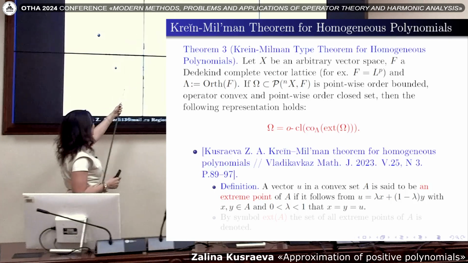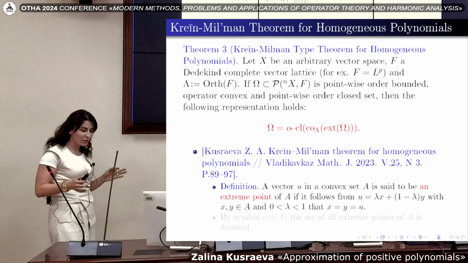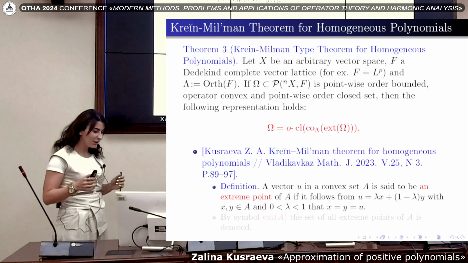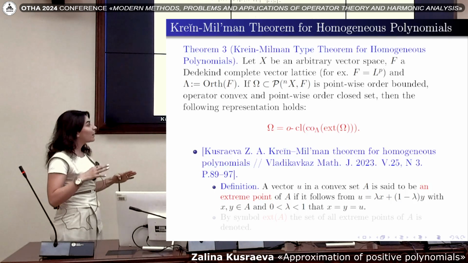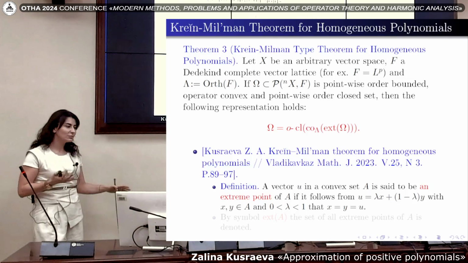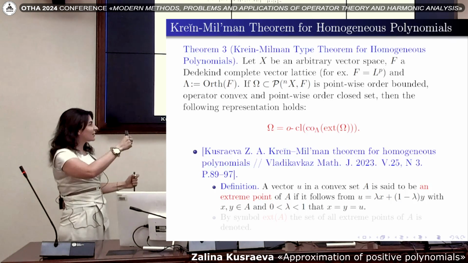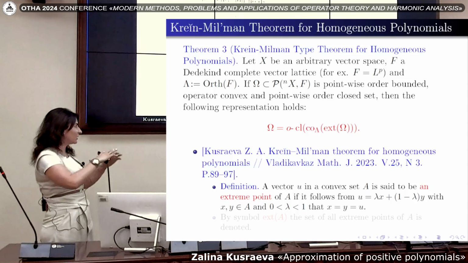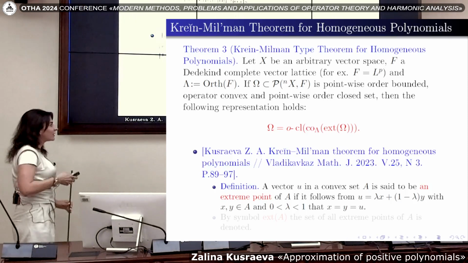The precise definition of extreme point is given here. I will just say that we call an extreme point of a convex set A a point with the following property: if we extract this point from the convex set, the set remains convex.